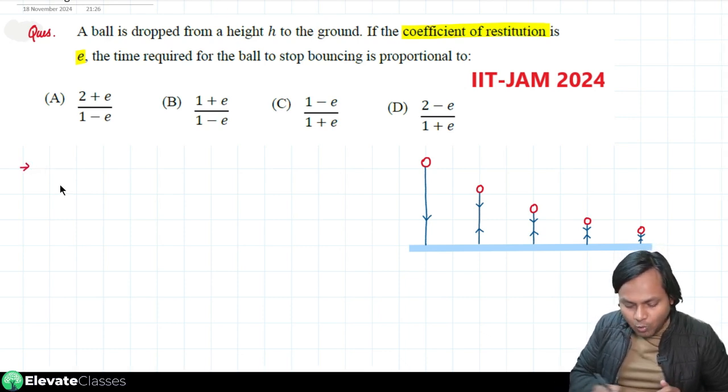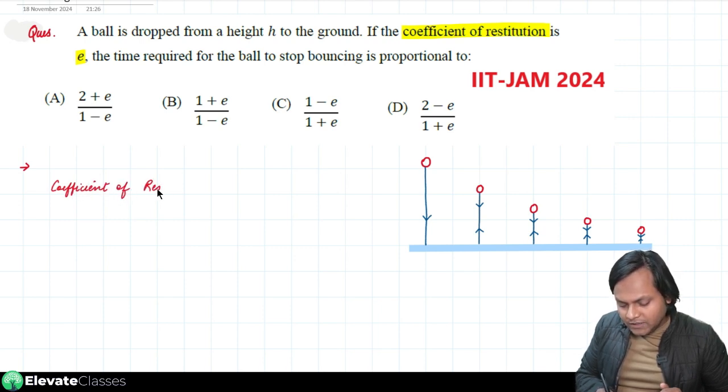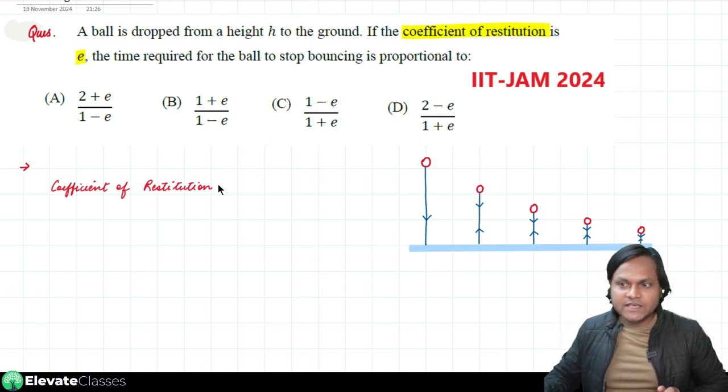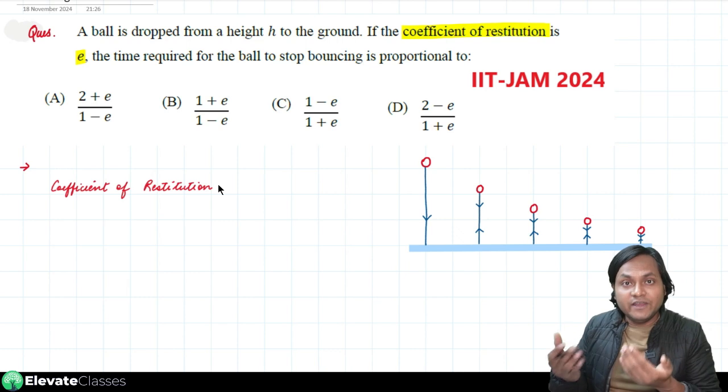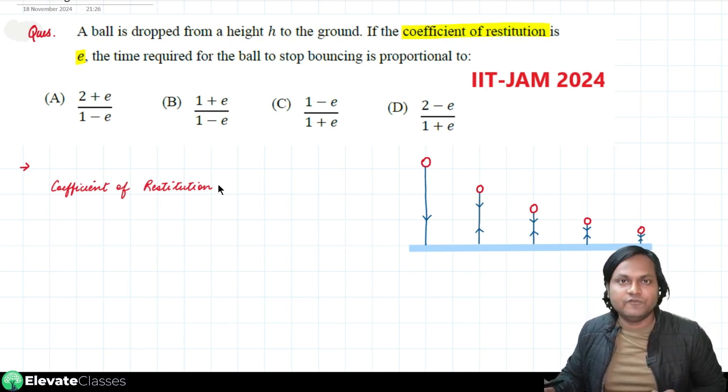So what is the coefficient of restitution? Whenever a collision takes place, we want to measure the ratio of the loss of energy or loss of velocity. Then we use the concept of coefficient of restitution.